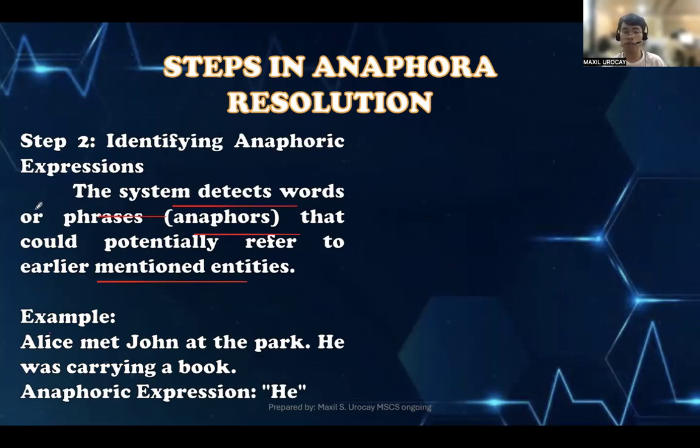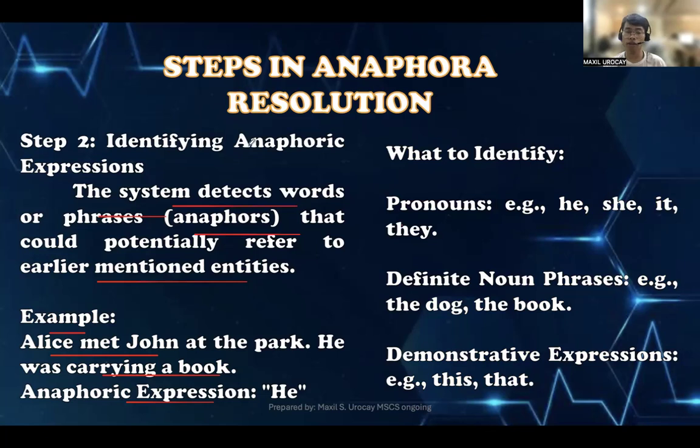Say, for example, in Alice met John at the park, he was carrying a book, the anaphoric expression will be he. What do you identify? You have to identify pronouns like he, she, it, and they, and so on, and different noun phrases like the dog, the book, and demonstrative expressions like this and that, which we have discussed earlier. You have to consider those things.